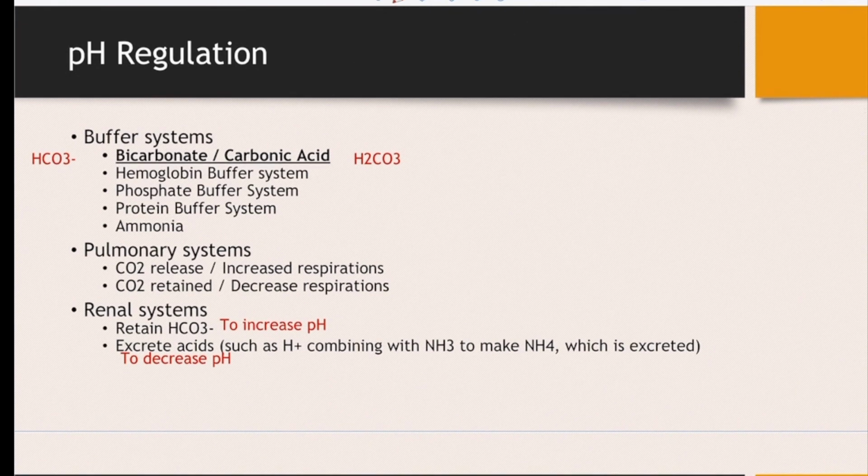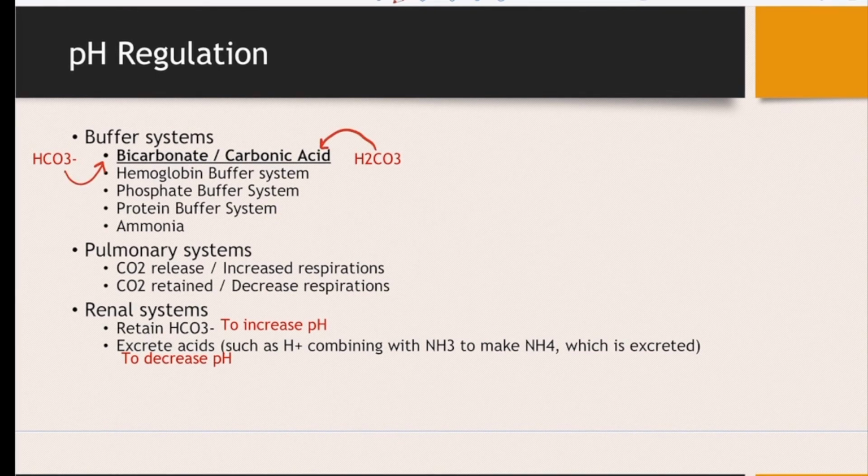Okay, so just to touch on some of the buffer systems, probably the most important buffer system that you're going to learn about today is the bicarbonate carbonic acid buffer system. And these are the chemical formulas for each of those, just so that you can start to become familiar with them. So bicarbonate is HCO3 negative, and carbonic acid is H2CO3.